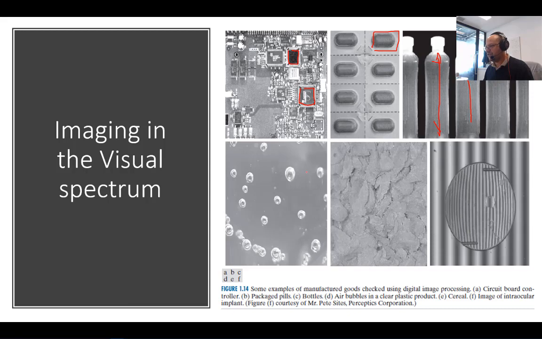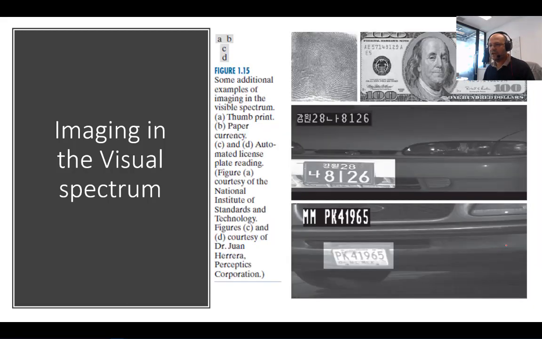These are air bubbles in a clear plastic product, so you don't want too many air bubbles, so you can use machine vision to count the number of bubbles and reject those that have too many. This is a picture of a cereal, and this is an image of an intraocular implant, where you can see that there are some defects, so you can use machine vision to identify, isolate, segment and classify these implants.